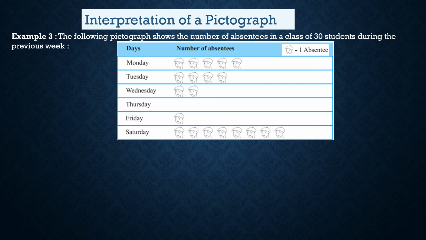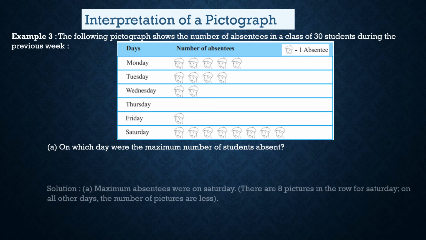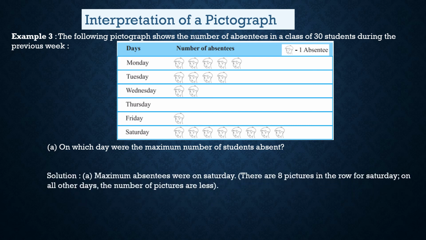Let us discuss the following questions. On which day were the maximum number of students absent? Maximum absentees were on Saturday. There are 8 pictures in the row for Saturday. On all other days, the number of pictures or number of faces are less.